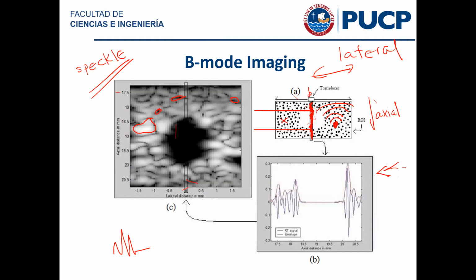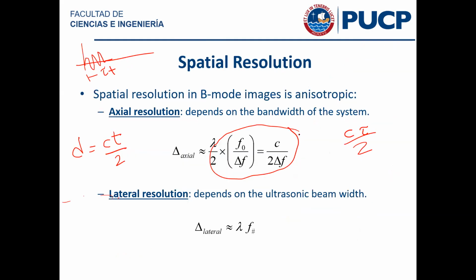But if I have a transducer that now has a very broad beam like this, and I maybe have some reflector in here, it would sense it, right? So you want to have the narrowest beam possible. And we will see in a little bit that the beam width of the transducers that we're going to use in practice is defined by a property called the focal number.